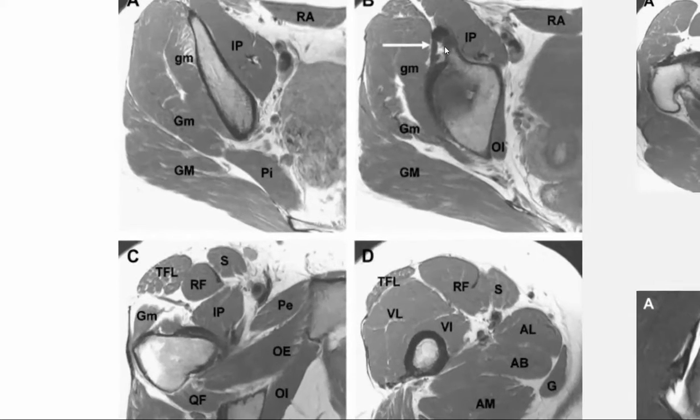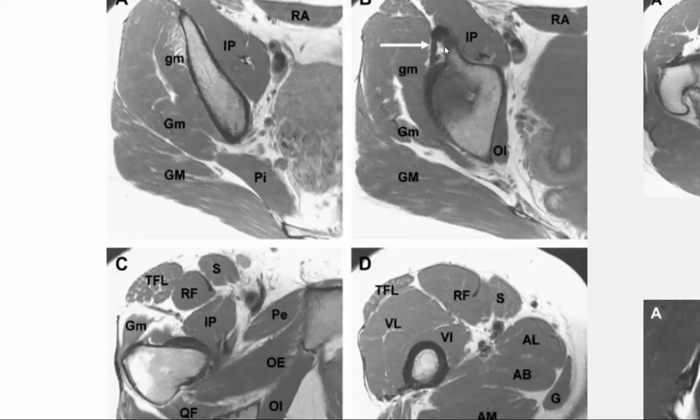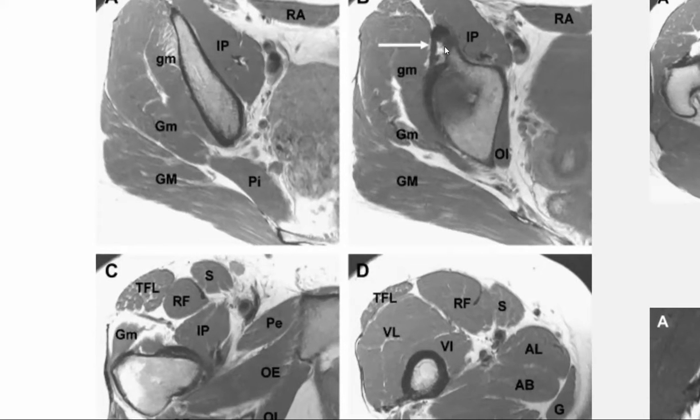The arrow over here points to the tendon. Being tightly bound fascicles of collagen, tendons appear as thin bands of low signal intensity on all sequences.